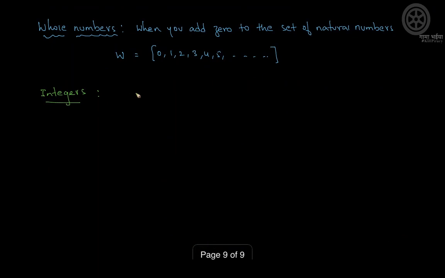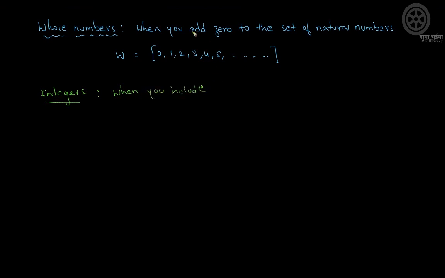Based on that chart, we can say that the extended set of whole numbers in which negative integers are also included is called the integers.